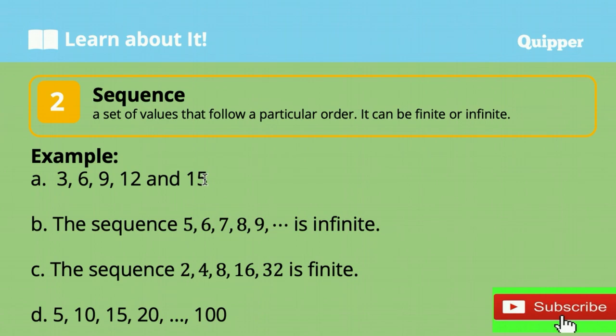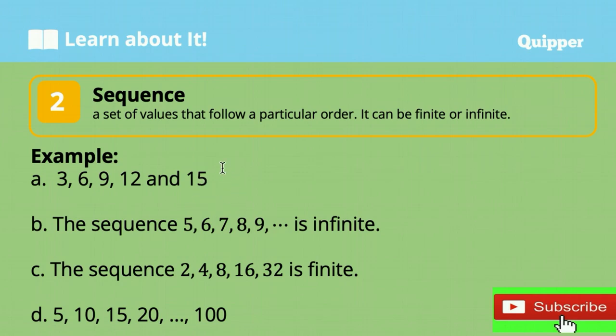Now, the pattern there is 3. We just add 3. Now, the sequence is the arrangement of this set of numbers. That is the sequence. Again, the sequence is 3, 6, 9, 12, and 15. And the pattern is you just have to add 3.